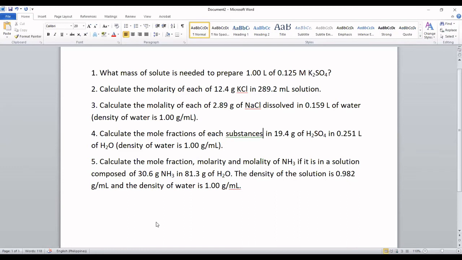Okay, we will solve. This is our last problem. Let me share to you our Jamboard again.